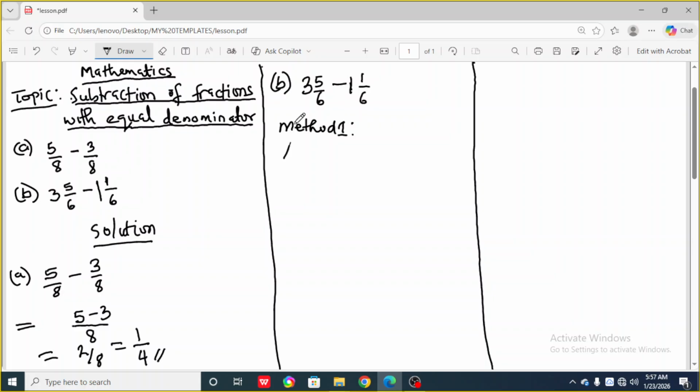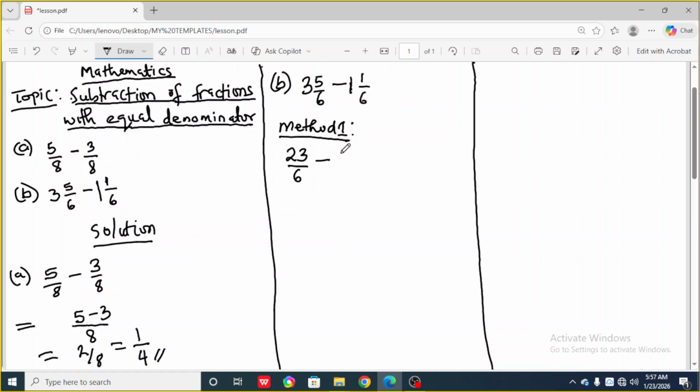So let's do that. So that will be 3 times 6, 18, then plus 5. 18 plus 5, that is 23/6. Then minus 1 times 6, that is 6 plus 1.